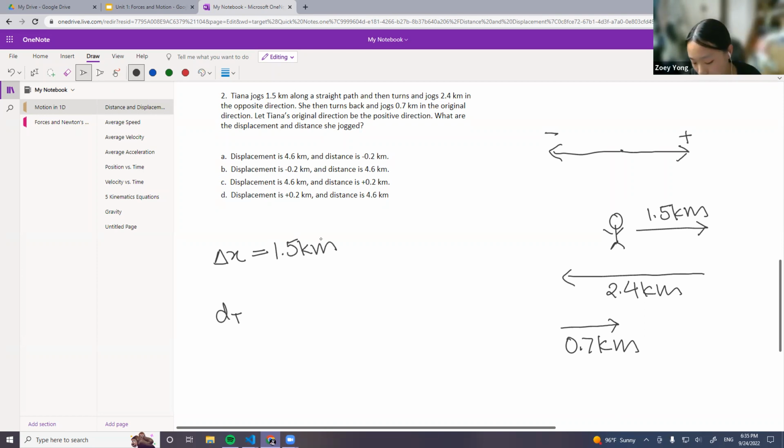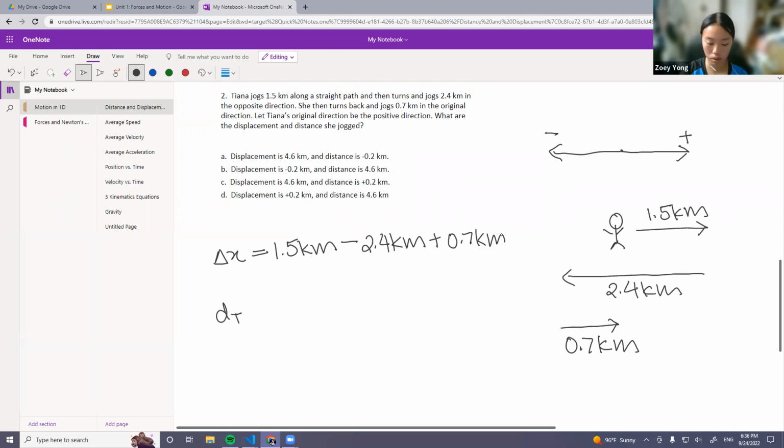Then she goes in the opposite direction, so negative, so minus 2.4 kilometers. And then finally, she jogs in the original direction again, so positive again, 0.7 kilometers in that direction.